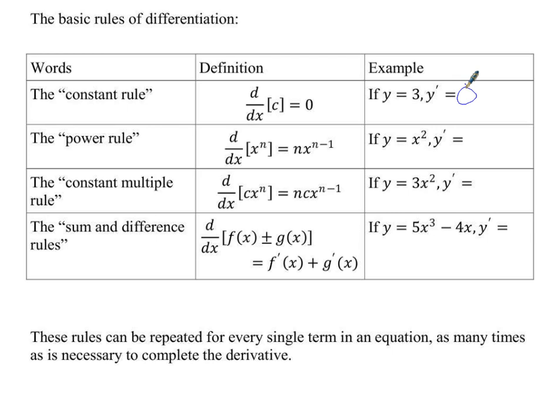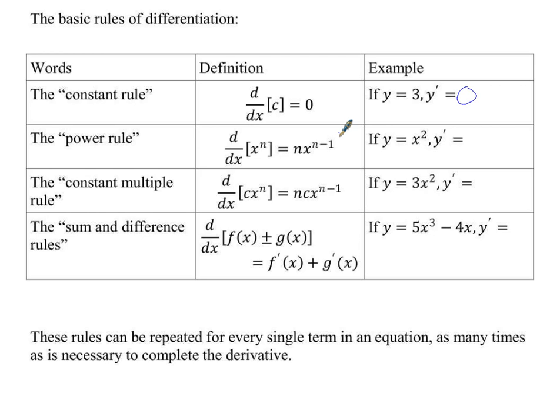That's the constant rule. The power rule is the one that you just developed. If I take the derivative of a variable to an exponent, x to the nth power, then the exponent comes down times the variable x, and then what I say is decay the exponent by 1.